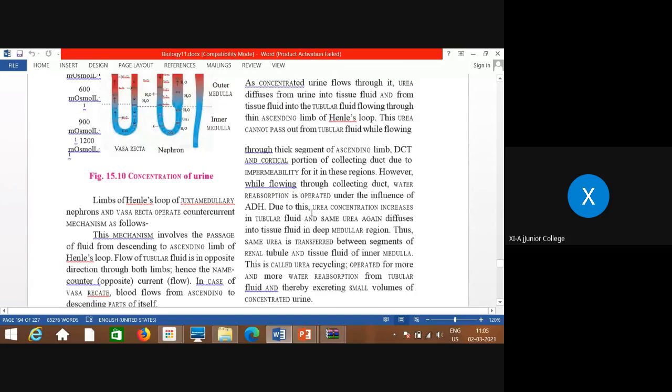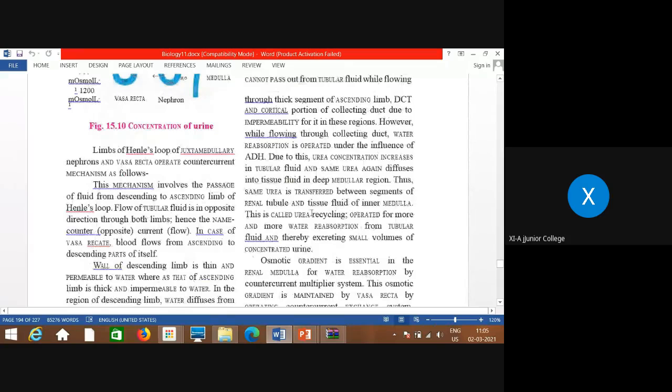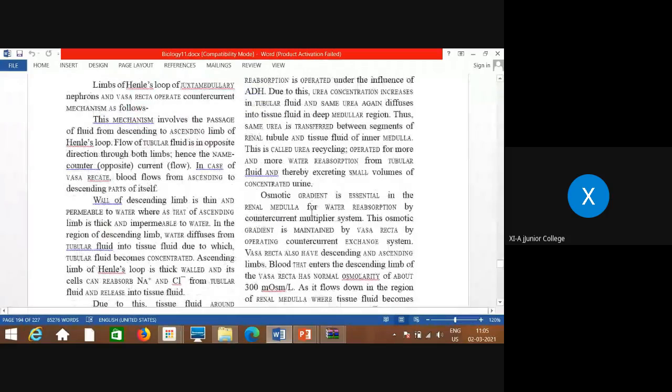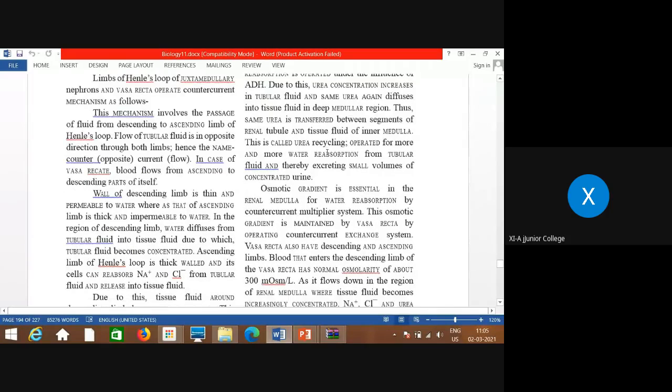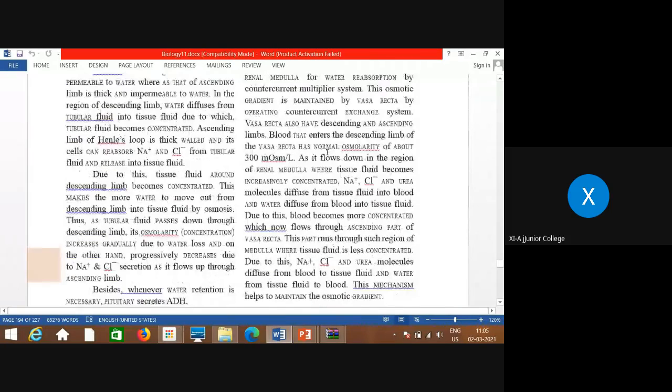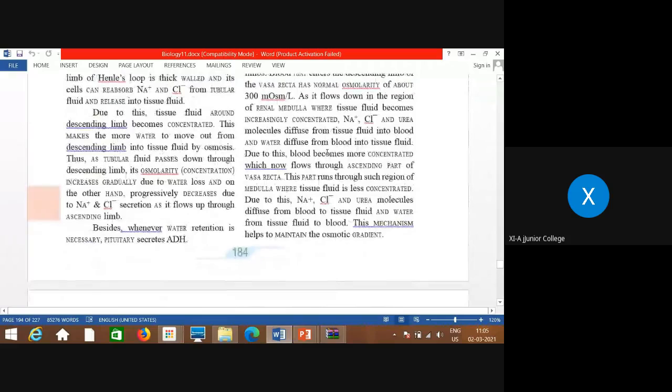So ADH is playing a very important role in reabsorption of water in the DCT and CT region, and that is useful in the recycling of urea. Now, this is very important to make the urine concentrated.